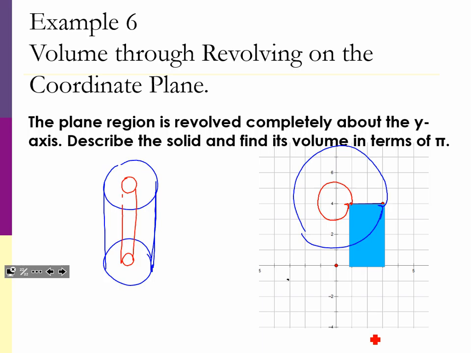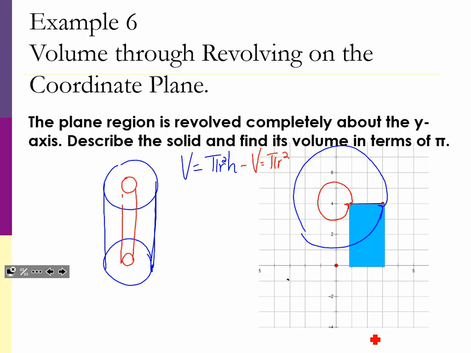So to get the whole volume, we would have to take the volume of the large cylinder, which is pi r squared times the height, base times height, and subtract from it the inner, smaller cylinder, okay?